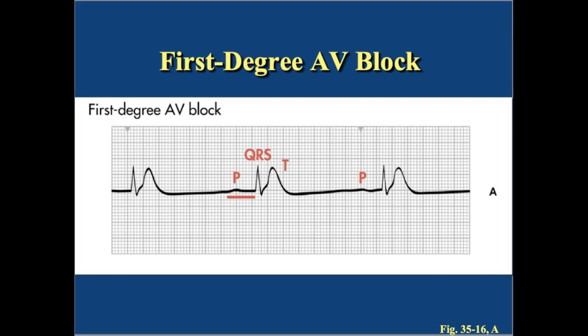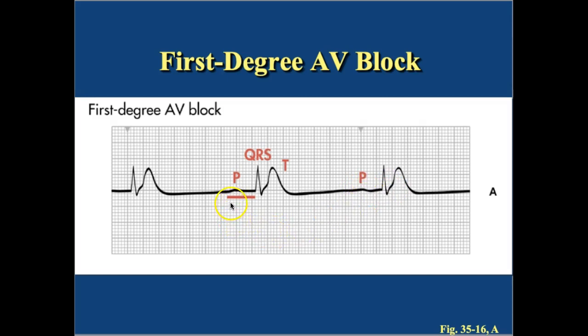So here's our example of a first degree AV block. Our PR interval is prolonged. Remember, it's supposed to be no more than 0.2, which would be one of these big boxes. So it's definitely a prolonged PR interval, which means that it's taking a long time for our impulse to travel down through the AV node. It's being blocked there at the AV node. But we still have a QRS complex, and we have a QRS complex after every P wave.